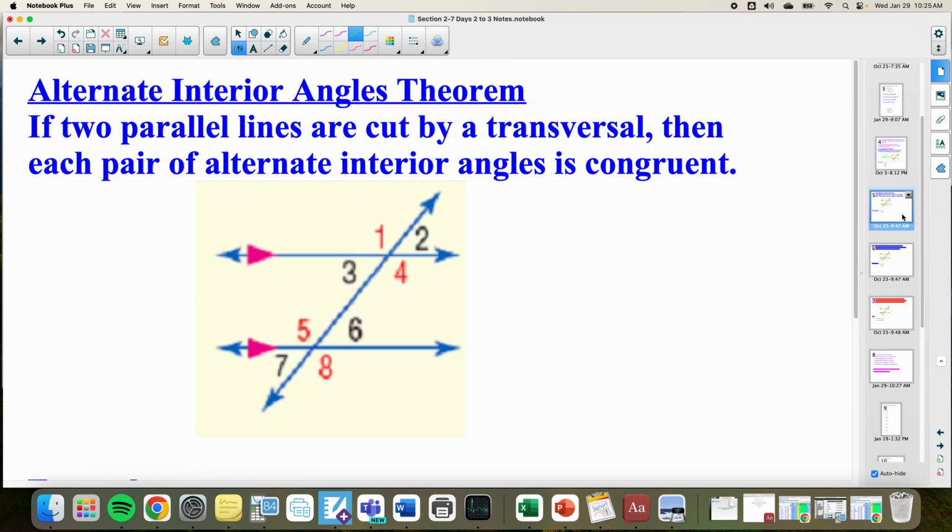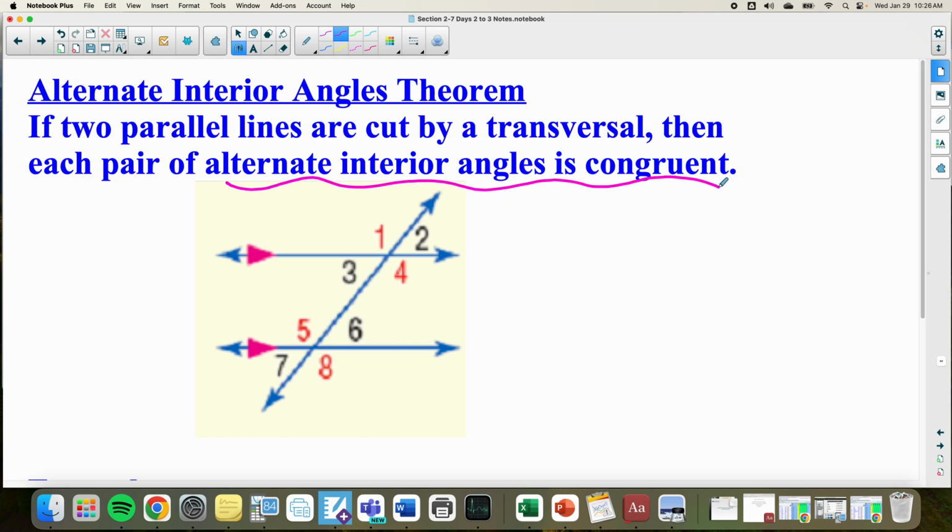Then when we look here, there's a rule about alternate interior angles, and again, it's only if these 2 lines are parallel, our alternate interior angles are congruent. So that means this is congruent to that. Alternate interior, alternate meant on opposite sides of the transversal.